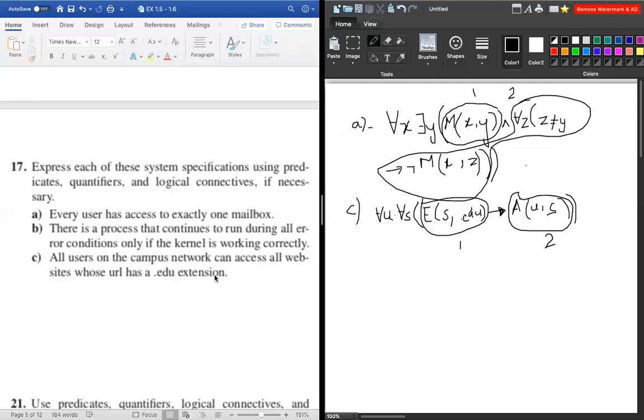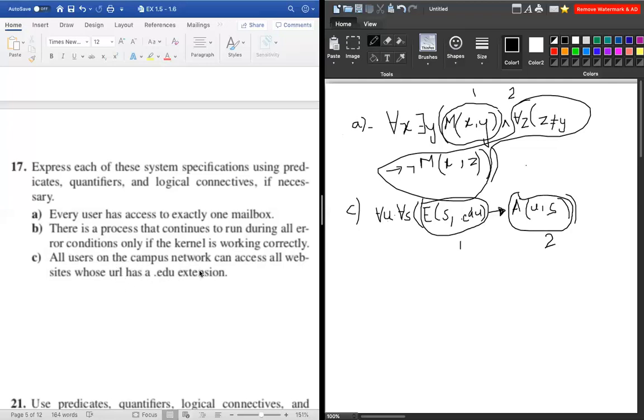Is it because it has the keyword "whose" that you used an implication? Well, the reason I used it is that it declares a dependency between the two, right?